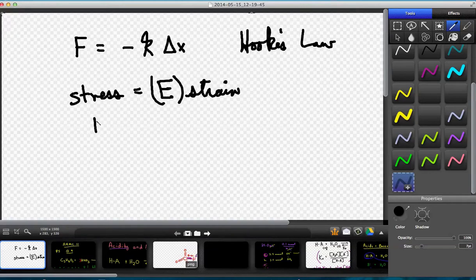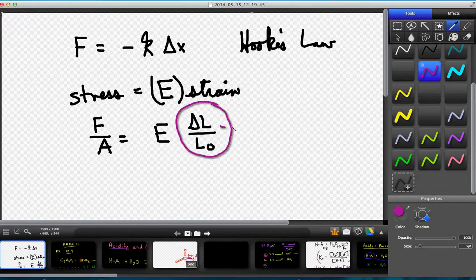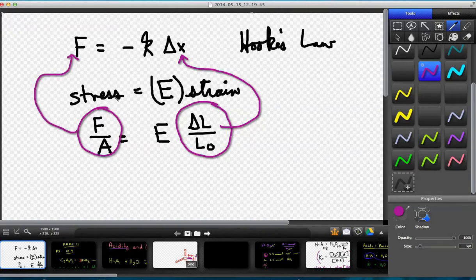So this is F over A, which you see in the passage, equals a constant times delta L over the original length. So you can see that this is analogous to delta x. Pressure is analogous to force, constant is analogous to constant. So it's really Hooke's law.